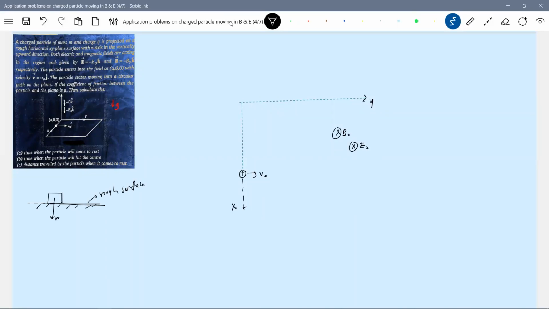So what forces will be acting? mg, the electrostatic force qE naught, then the normal contact force N. I think this is also needed. So the normal reaction N equals mg plus qE naught.